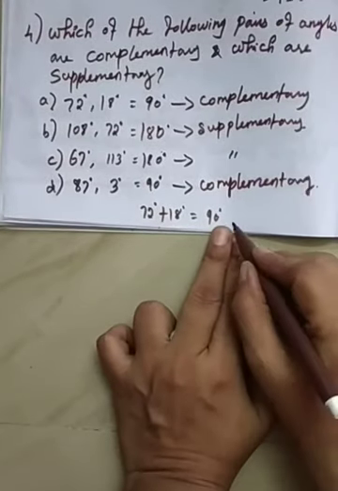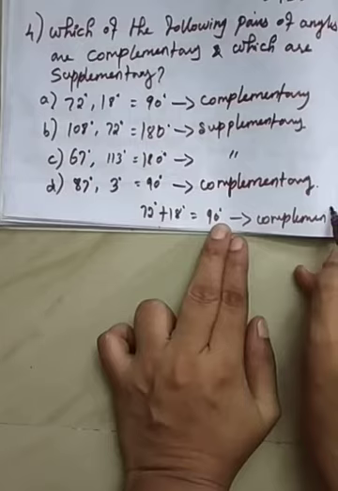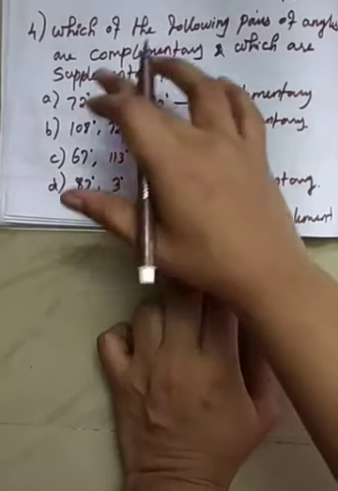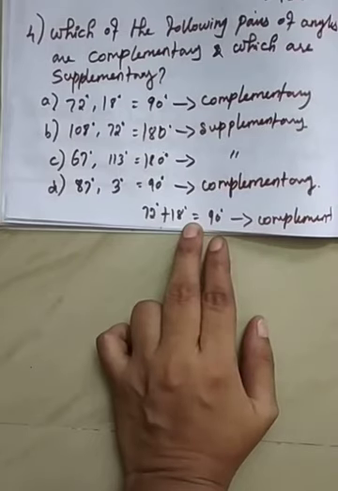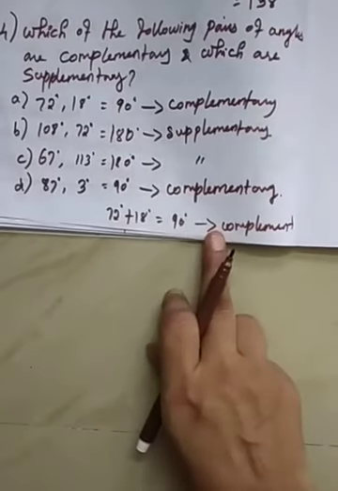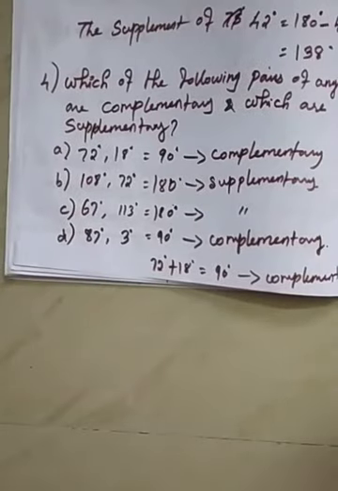So we can say this is a complement. Similarly, the next problems you can proceed with the same method. This is for your reference only. Okay. Everybody clear? Thank you.